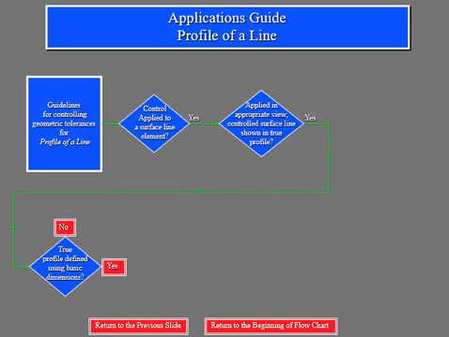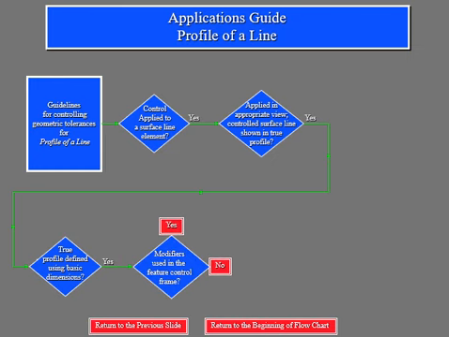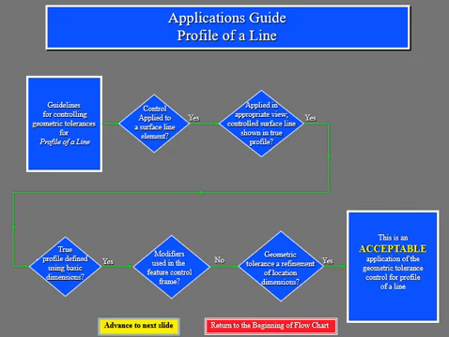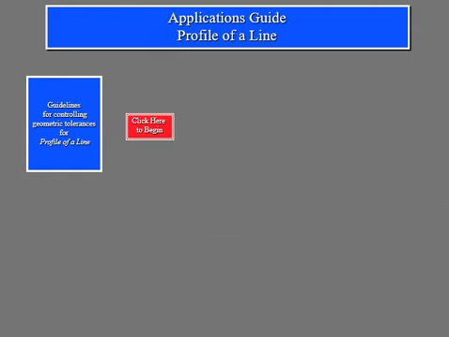If that's yes, then we're going to look at whether the true profile is defined by using the basic dimension or not. If we use the basic dimension, we're going to look at the modifiers. If we don't have the modifiers, we're going to check if the tolerance is in terms of your location dimension. If that is the case, then you're going to accept that.